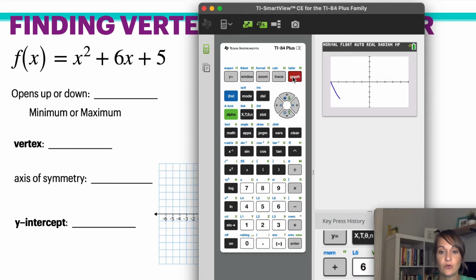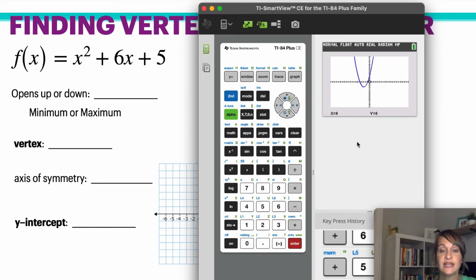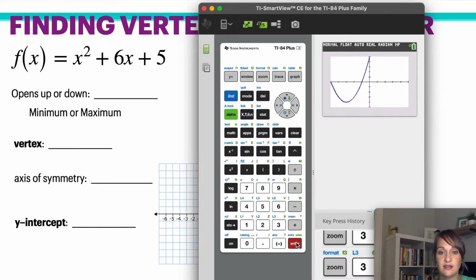And if you were to graph this, it is going to give you your graph. If you do not see your graph, if you hit zoom out 3, enter, it will zoom out to where you might be able to see your graph. I'm going to go back and zoom in a little bit.